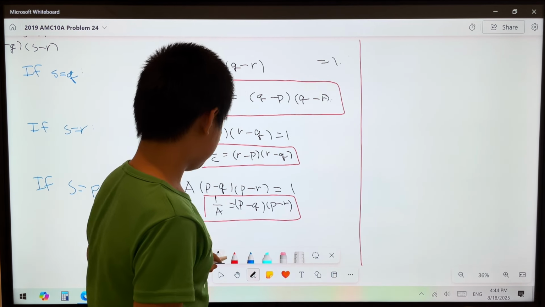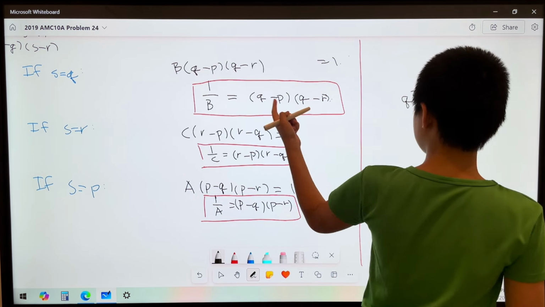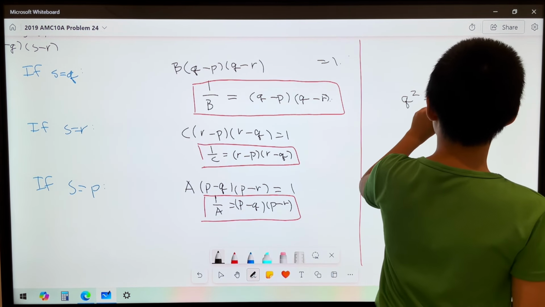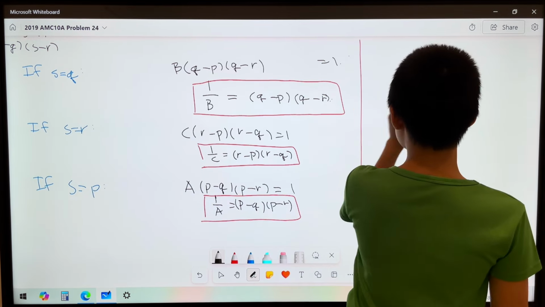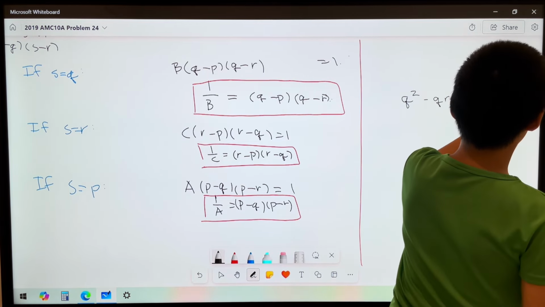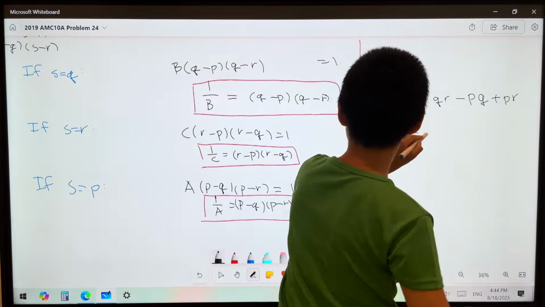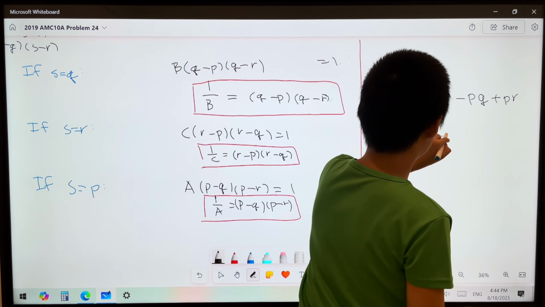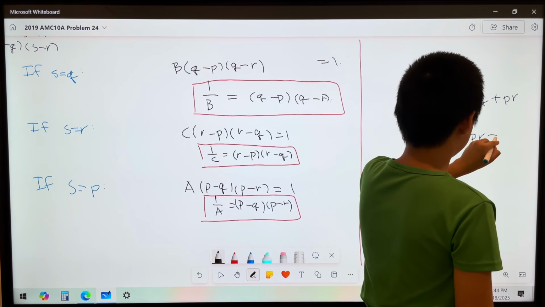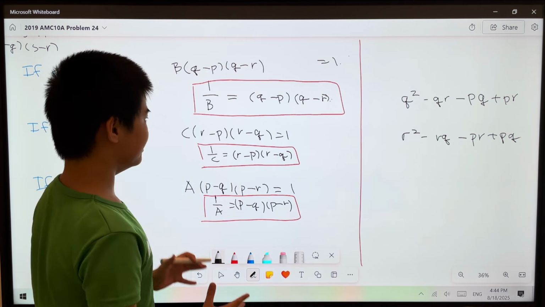Well, this expanded is really q squared minus qr minus pq plus pr, right? And that added to r squared minus rq minus pr plus pq. And it would be a shame if anybody messed up on this step, so just be a little bit careful.